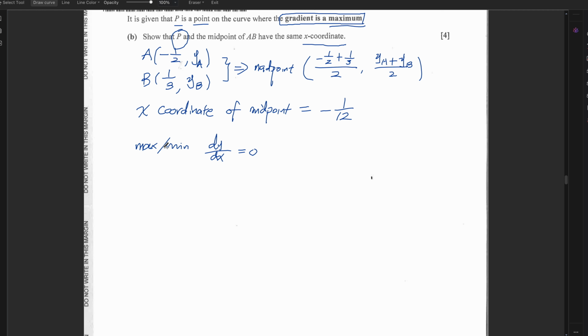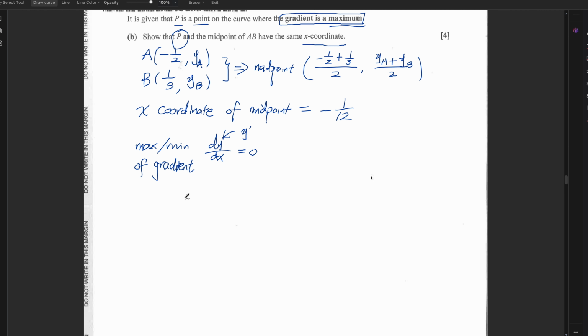But this is given as a function, right? Maximum or minimum of a function. But in this case, the function is of gradient, right? Of gradient, maximum or minimum of gradient. Therefore, the function, instead of y, it must be y prime.